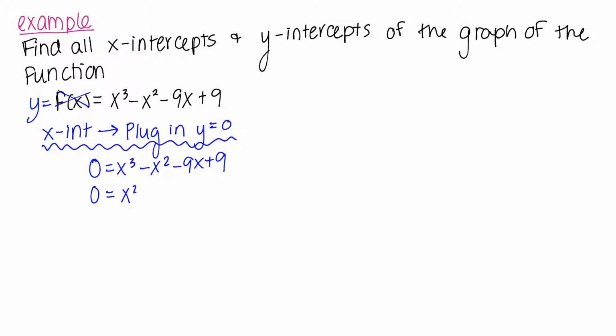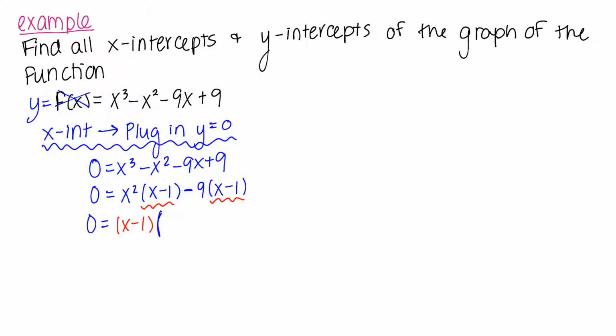So for the first group, I'm going to factor out an x squared, and I'm left with an x minus 1. For the next group, I'm factoring out a negative 9, and I'm left with x minus 1. Now I have an x minus 1 in both of these that I can pull out. So I'm pulling out the x minus 1 from both of them.